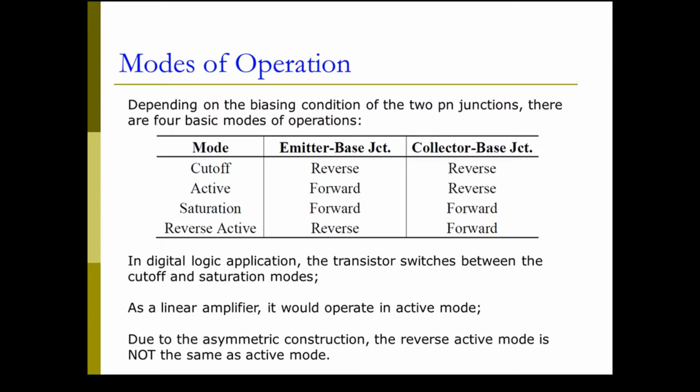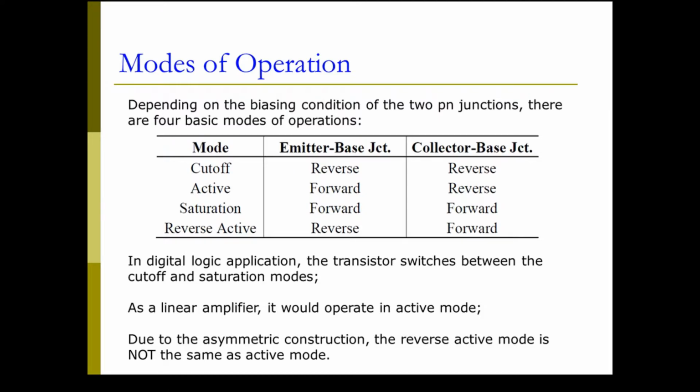In digital logic applications, the transistor will switch between the cutoff and the saturation. But as a linear amplifier, it mainly works in the active mode. Due to the asymmetric construction of the transistor, the reverse active mode does not work the same as the active mode.